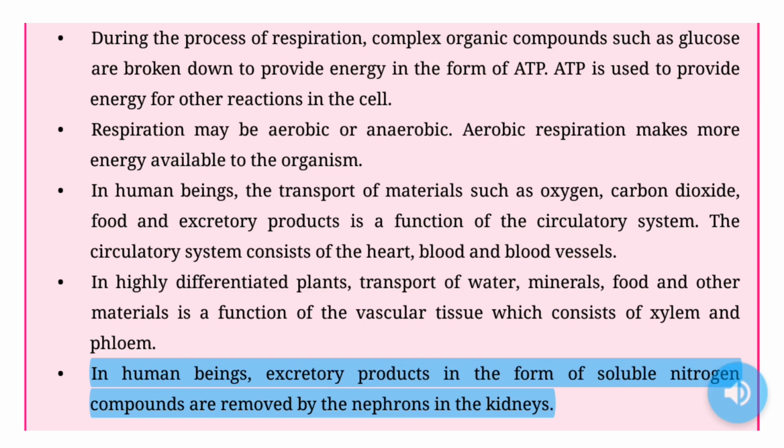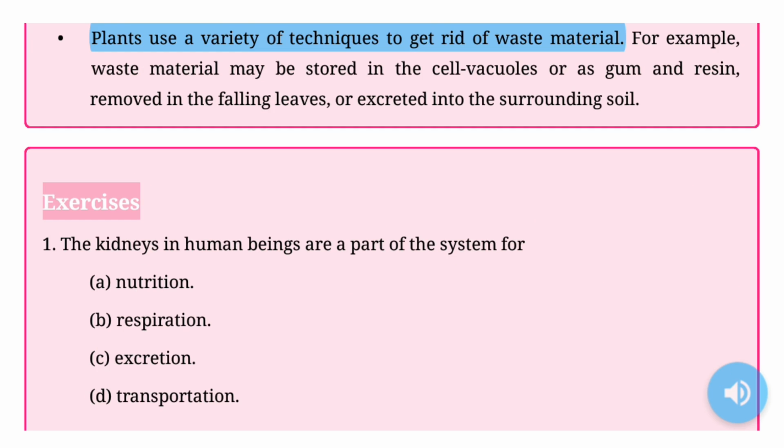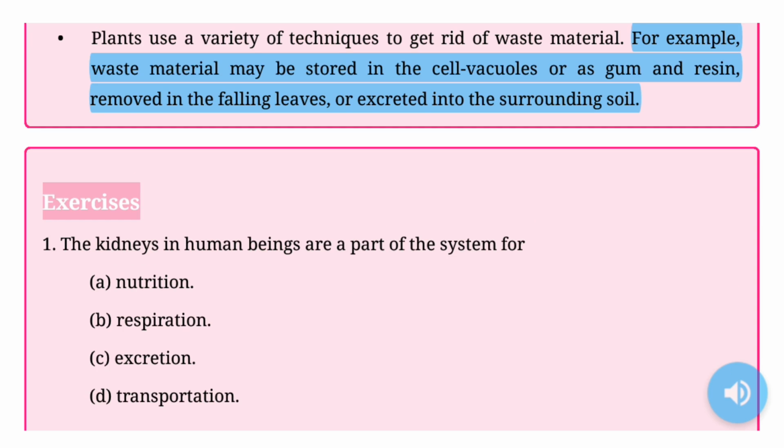In human beings, excretory products in the form of soluble nitrogen compounds are removed by the nephrons in the kidneys. Plants use a variety of techniques to get rid of waste material. For example, waste material may be stored in the cell, vacuoles or as gum, and resin, removed in the falling leaves, or excreted into the surrounding soil.